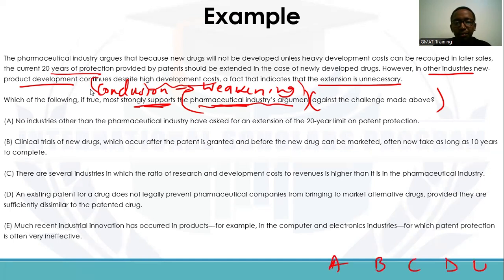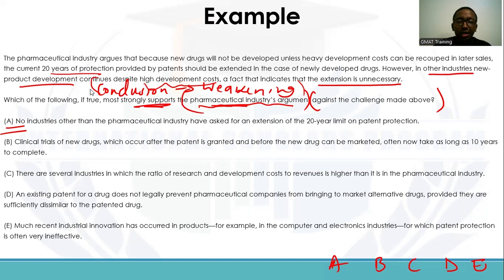So let's look at answer option A. Now, industries other than the pharmaceutical industry have asked for an extension of the 20-year limit on patent protection. So this option seeks to tell us that because no industry has asked for an extension, the pharmaceutical industry shouldn't be asking for an extension.